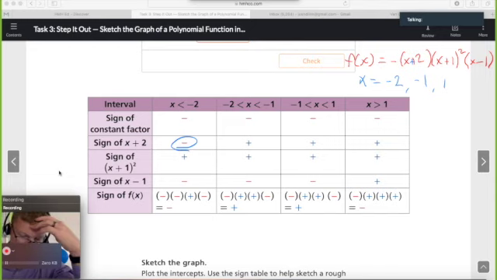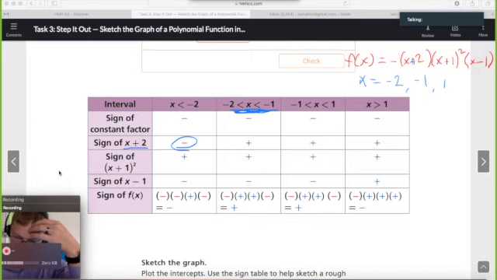Sure, why not? Negative, not 2.5. I'm sorry, that's wrong. Negative 1.5. I forgot we're on the negative side. So negative 1.5. If we plug that into there, that's still going to be positive.